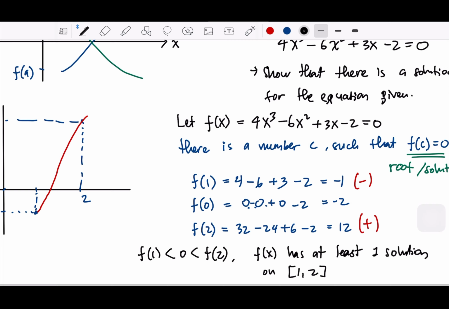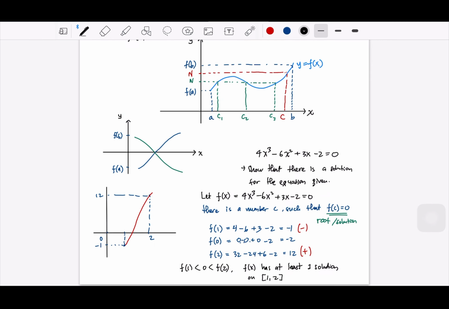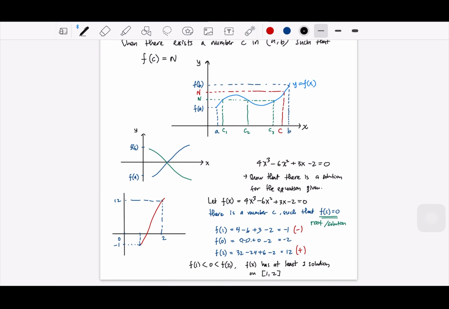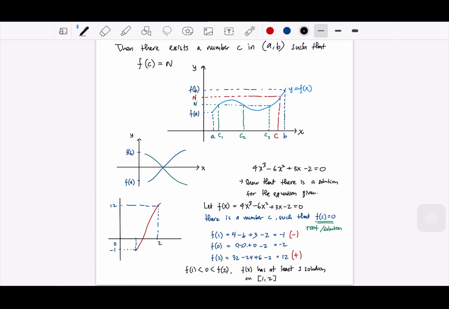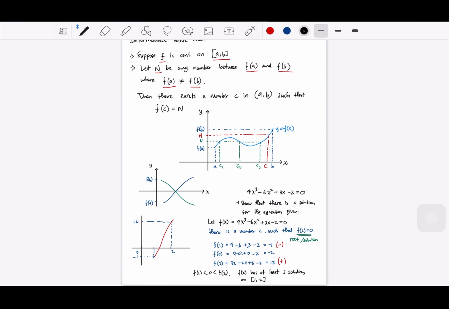Okay. Okay, probably this will be the last 10-15 minutes. This will be the next section, the horizontal asymptotes. Okay, horizontal asymptotes.